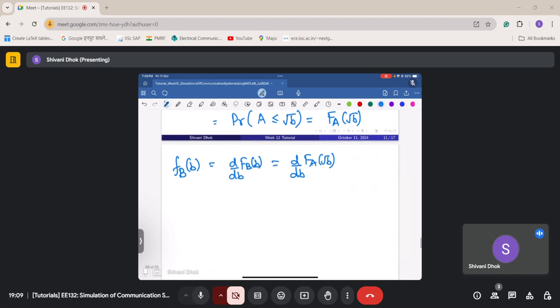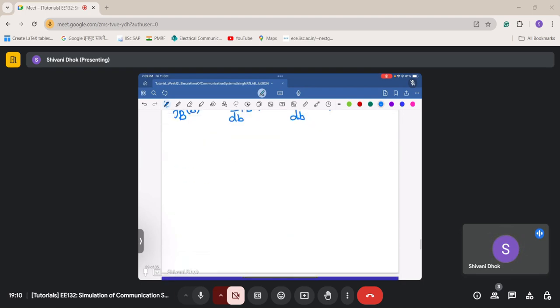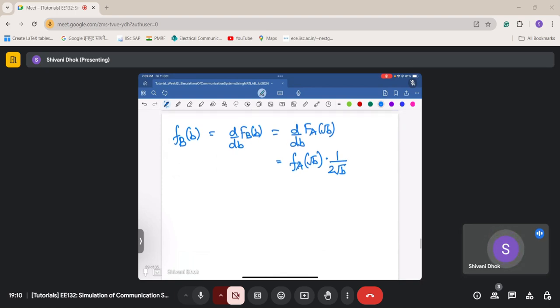Another thing that we know is that f_A(a) is d/da of F_A(a). So if we do this, then this will be equal to f_A at root b multiplied by 1 over 2 times root b. Okay, so we have f_B(b) equal to f_A(a).